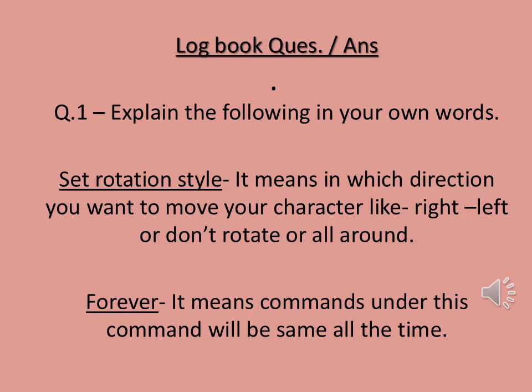Question 1. Explain the following in your own words. Set rotation style. It means in which direction you want to move your character, like right, left, or don't rotate, or all around. Forever command. It means commands under this command will be same all the time.